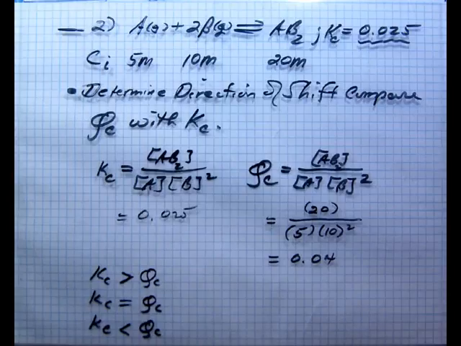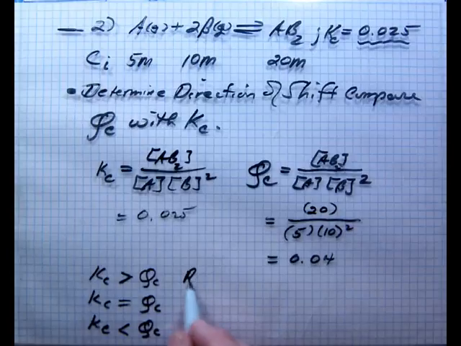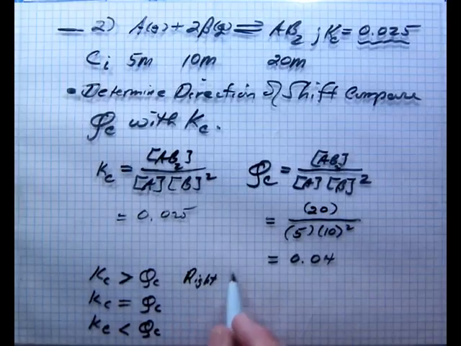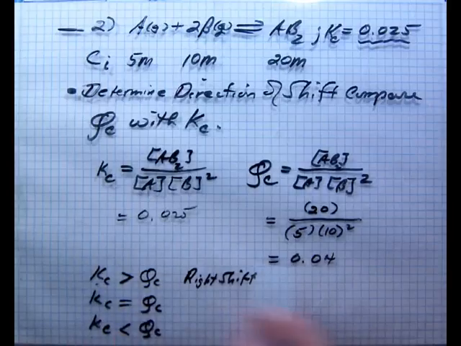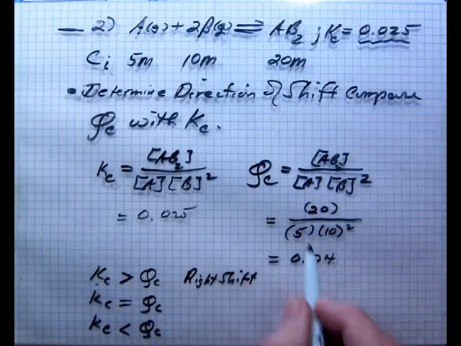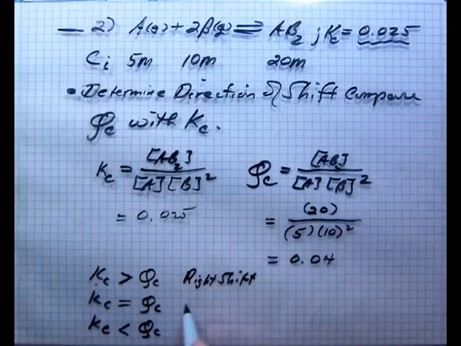The arrow inequality, this would be a right shift if these conditions were determined. If you determine QC equal to KC, you are at equilibrium already.